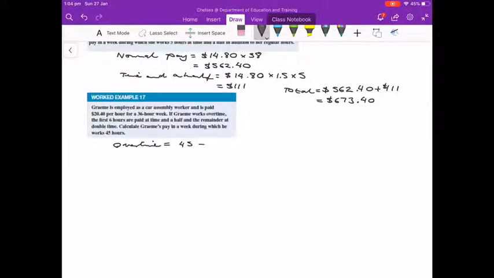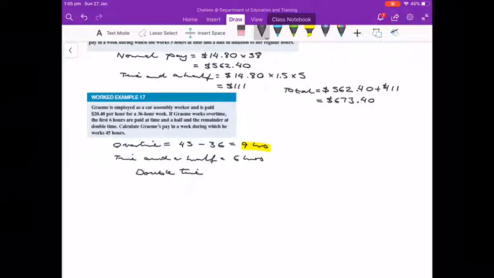He works 45 hours and he should be working 36 in a normal week. So he's actually doing 9 hours overtime. What that means is 6 hours of that 9 go to time and a half, and the additional 3 hours left over are double time.